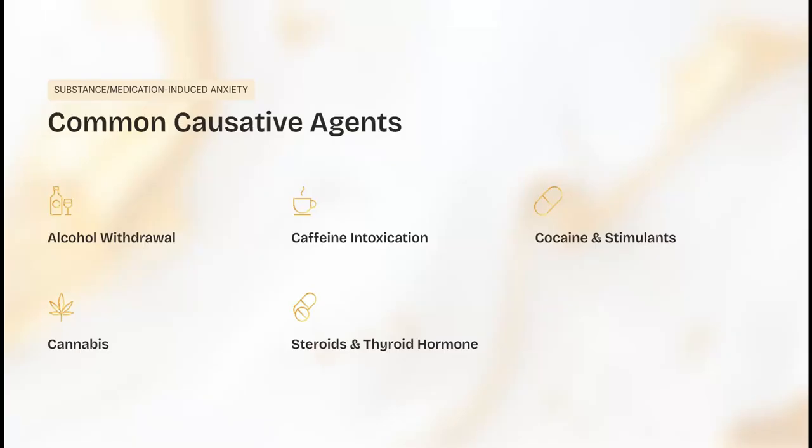And then there's cannabis. High THC cannabis commonly precipitates acute anxiety and paranoia, especially in novice users or those who use it quite heavily. And that could lead to panic attacks.